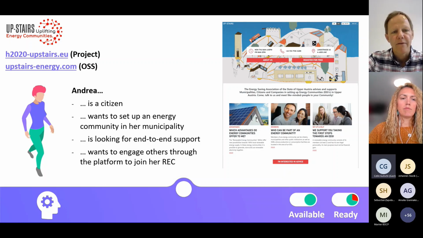And if she manages to set up a renewable energy community in her municipality, she could even use this tool, Upstairs Energy, to engage other citizens by saying, just go to that platform, register, and join our project room for our energy community, and then they can work together.